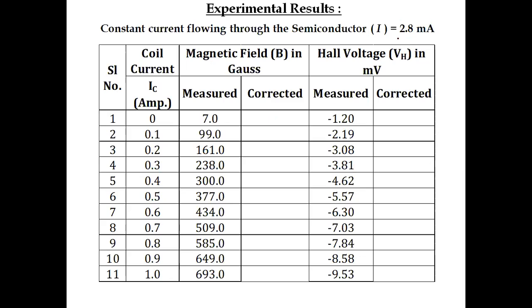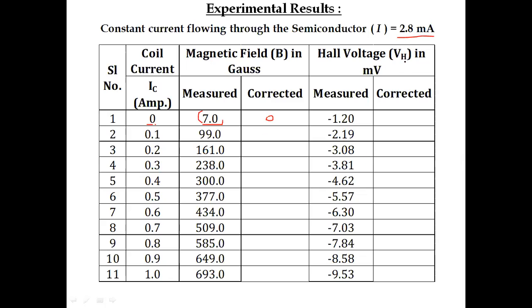So for a particular value of current passing through the semiconductor, you are getting some magnetic field as measured and the corresponding Hall voltage measured. You observe here, when coil current is zero, we are getting some value of magnetic field, which shouldn't be there. So how will you correct it? We'll subtract 7 from each of these readings, so that the first one will be 0, and the next one will be 99 minus 7 and so on.